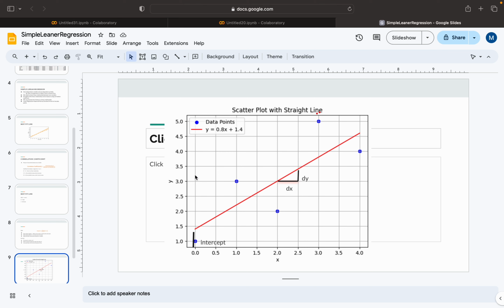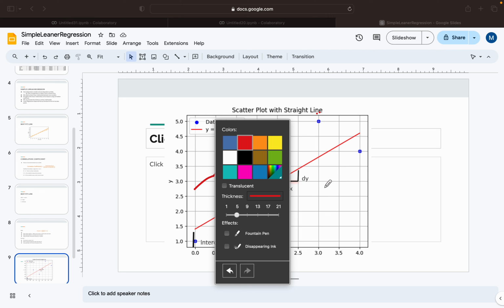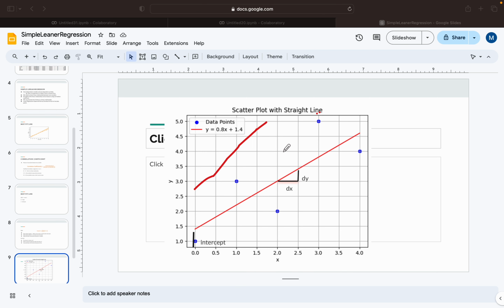I may be able to draw a line like this, maybe like this, and like this. In any way we can draw a line.